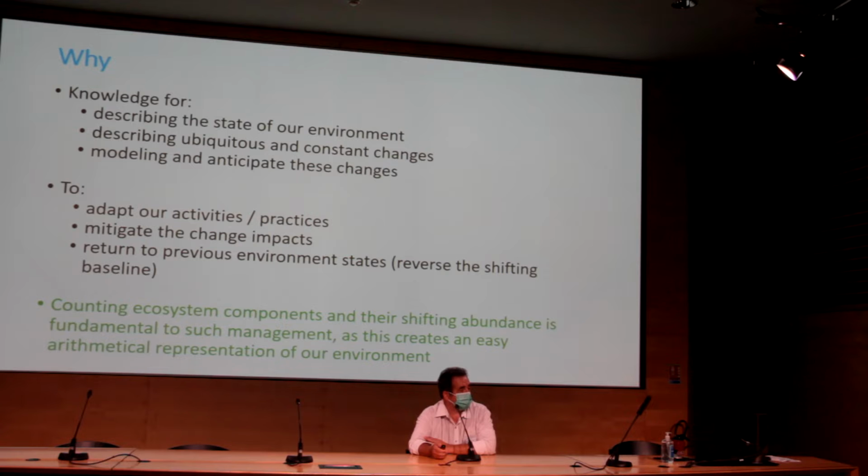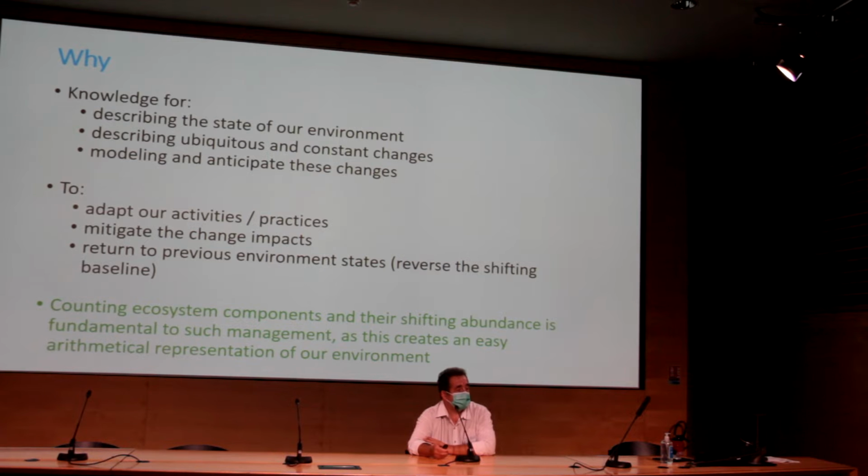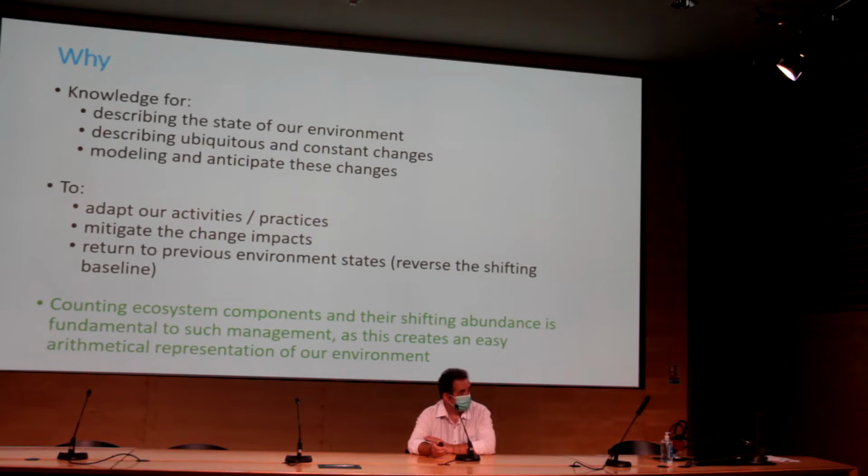This knowledge is important for us to describe our environment, but also to describe the changes that are constant and everywhere, and if possible to model these changes, to anticipate them and adapt our activities and practices regarding the use of biodiversity. This knowledge can be used as well to try to mitigate these impacts and the changes that occur.